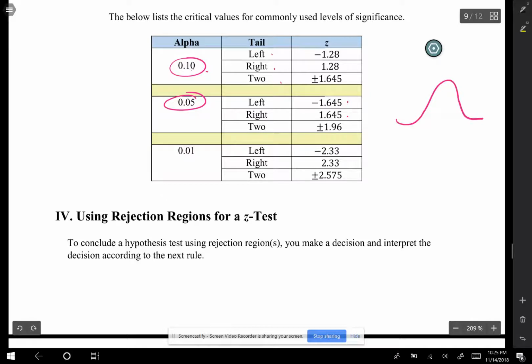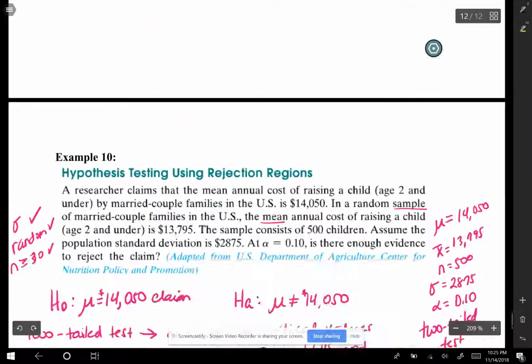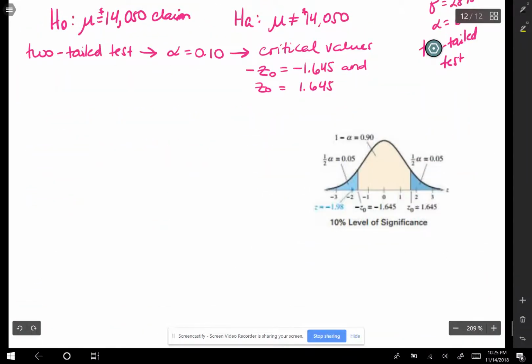So you're going to have 0.05 over here and 0.05 over here. Even though our level of significance is 0.10, because it's a two-tailed test, we're looking for the values for 0.05. So when we do this, we have our critical values.